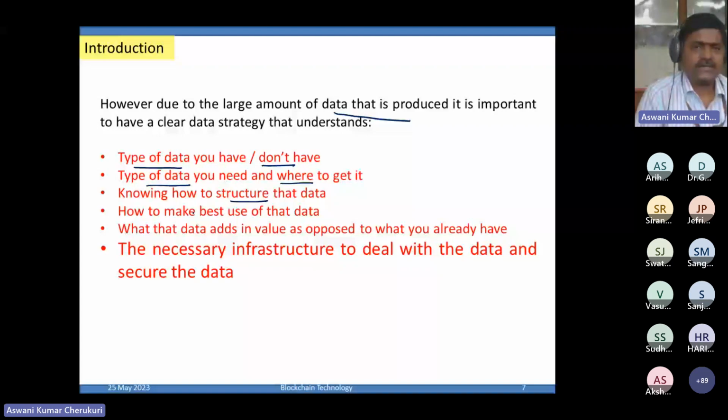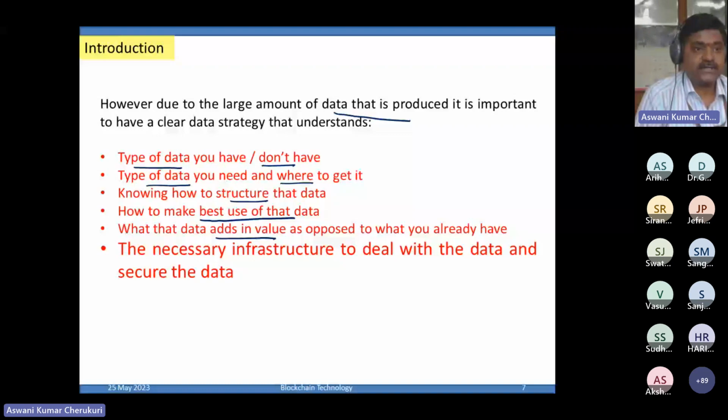And above all, yes, I have the data, but how am I going to make use of it? When I say use of the data, ultimately it should add value. When I keep the data, how do I create value? I'm taking multiple selfies every day. What value is that adding? These are all important things we need to look at.